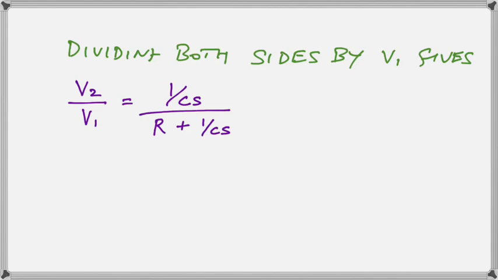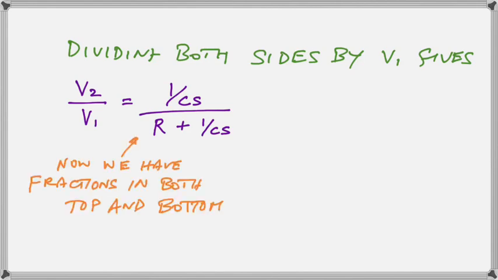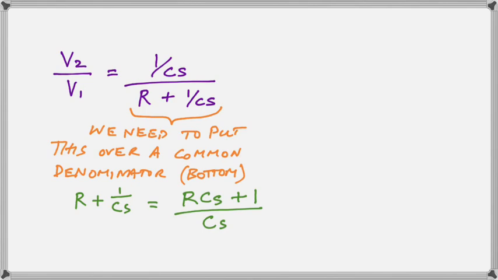Well, the first thing we need to do is to turn our mixed expression on the bottom into a fraction, and we want to get it all over the CS. So we do that by multiplying by CS the quantity that is not over CS and then putting everything over CS.